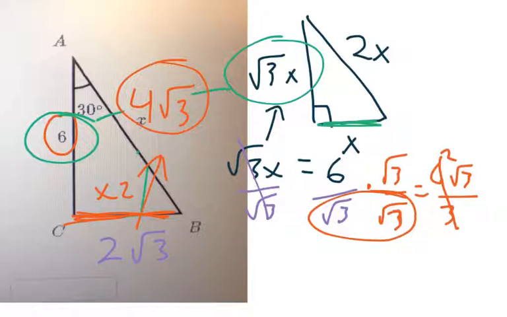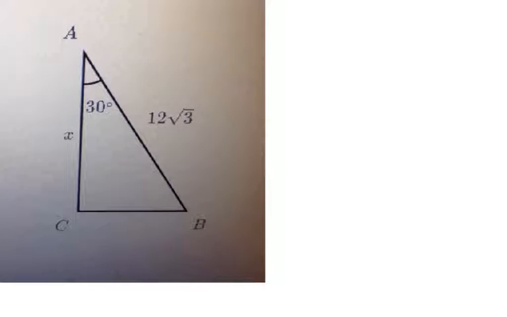So I think I have one more. Let's look at this one right here. Notice this time, guys, they gave us the hypotenuse. So can we find the short side I just marked in green? Wouldn't we simply just divide by 2? Divide by 2, and we'll get 6 square root of 3.